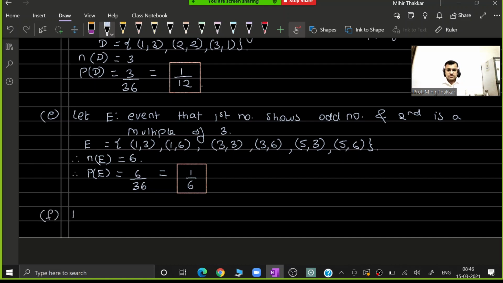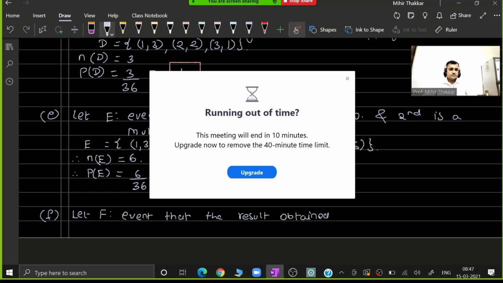Let F denote the event that the result obtained is a doublet.